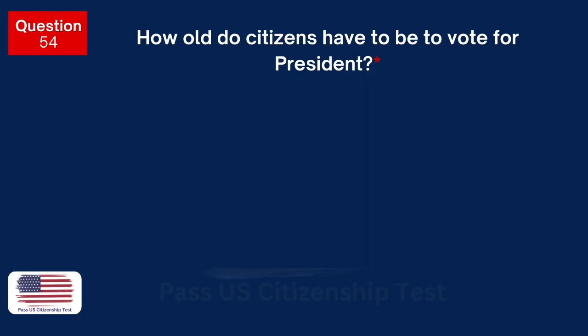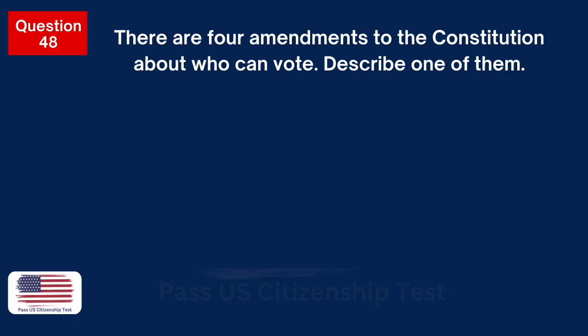How old do citizens have to be to vote for president? 18 and older. There are 4 amendments to the Constitution about who can vote.